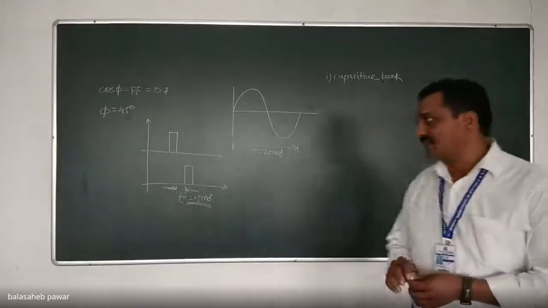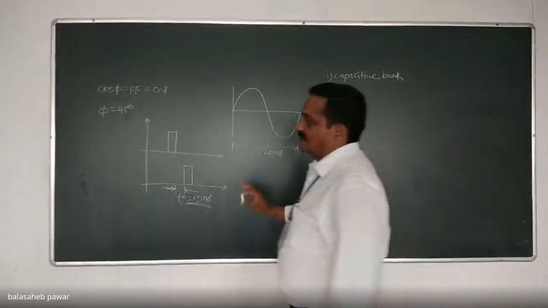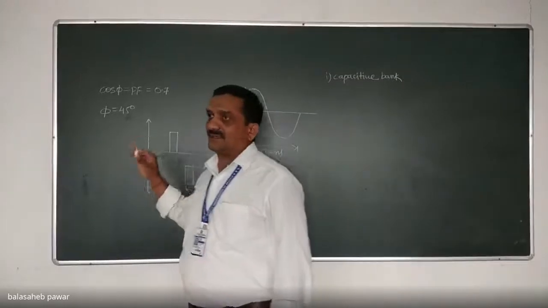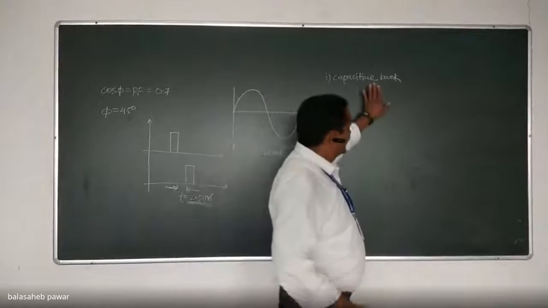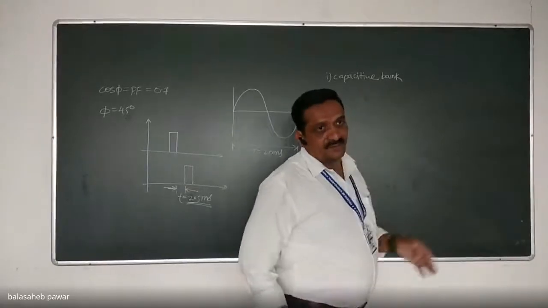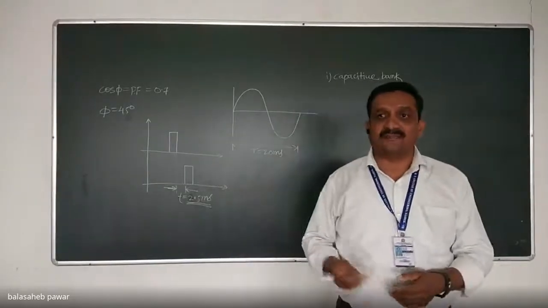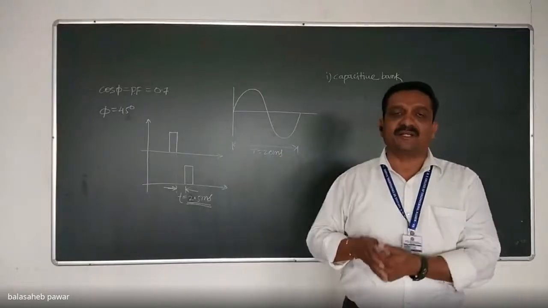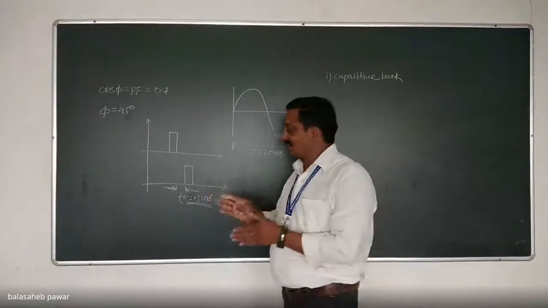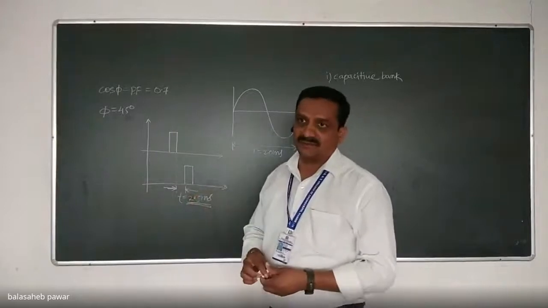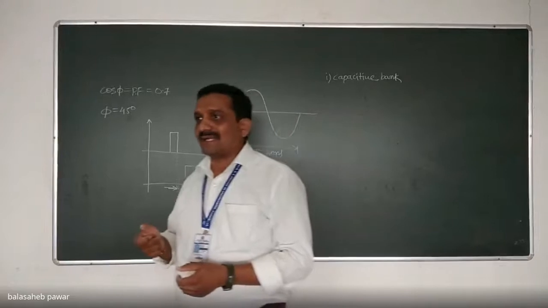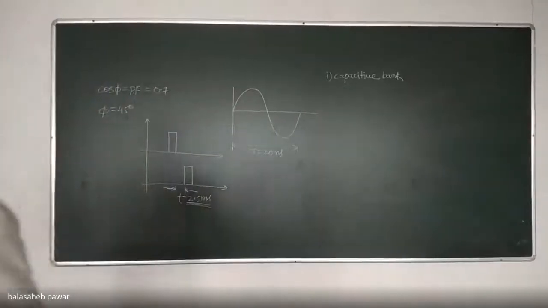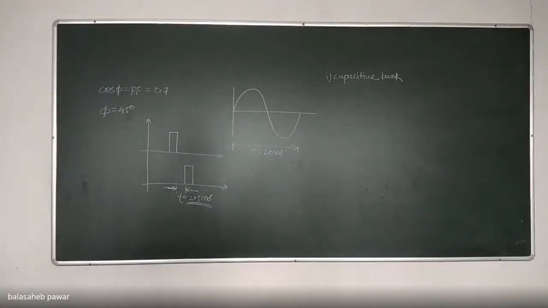As our load is inductive type, the current waveform gets lagged, so we will add one capacitor bank so that the leading voltage waveform will get lagged, while the current waveform remains as it is, lagging due to the inductive load. By using that capacitor bank, we try to keep both the voltage and current waveforms closer.